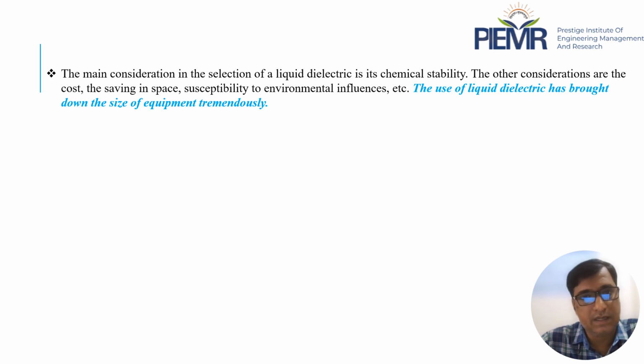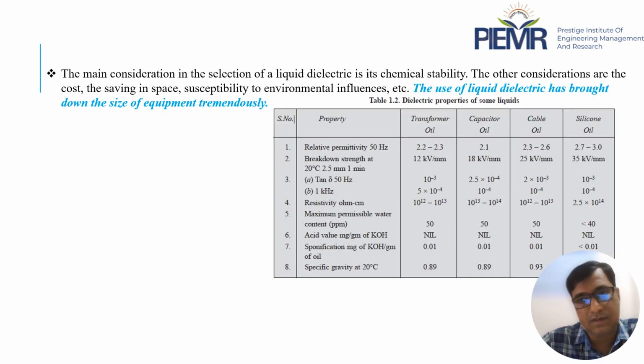Hence, with the application of liquid dielectrics, the size of equipment has gone down tremendously. This is a table in which the different liquids like transformer oil, capacitor oil, cable oil, and silicone oil are listed. The silicone oil is used for high temperature operation devices.